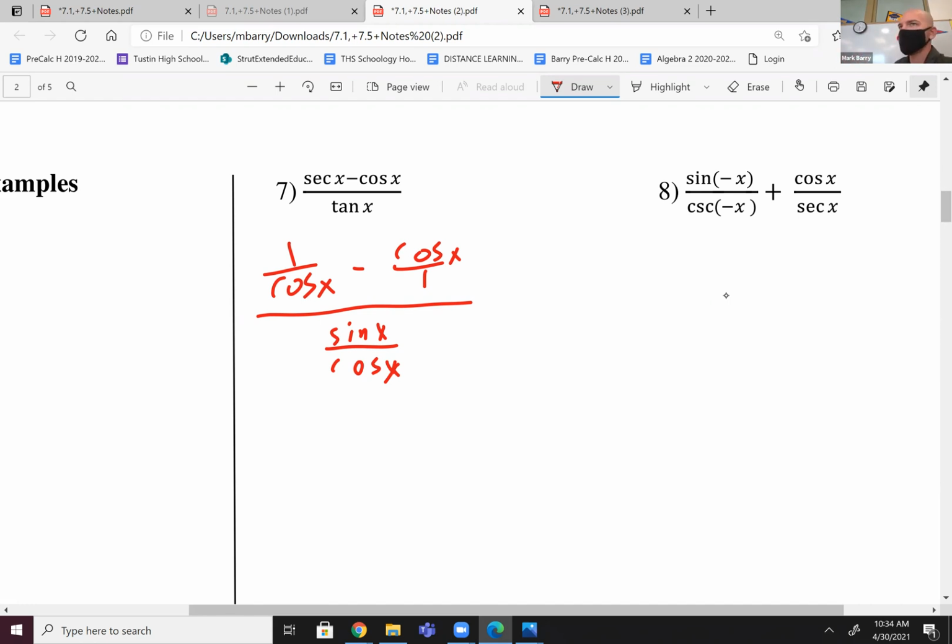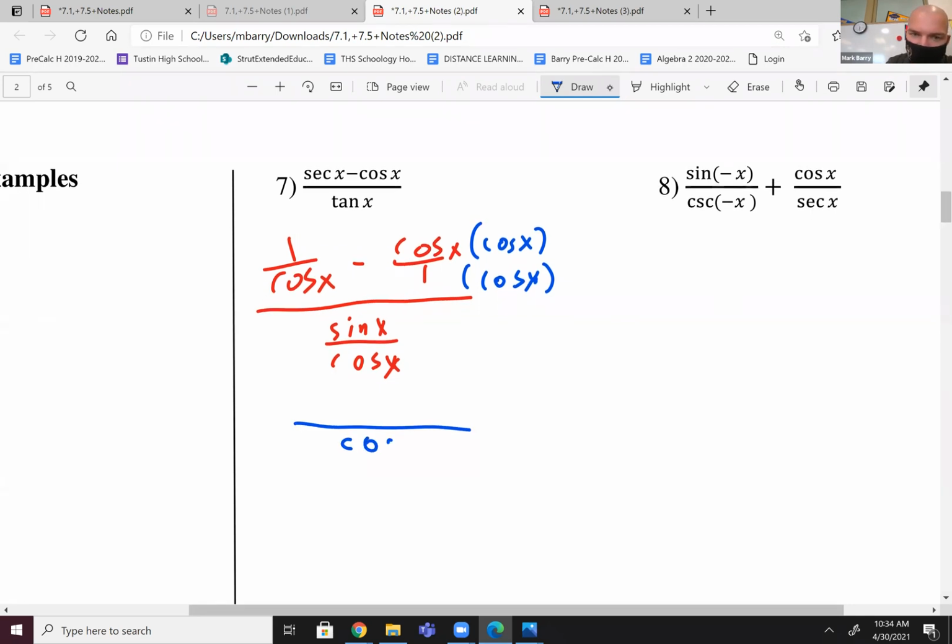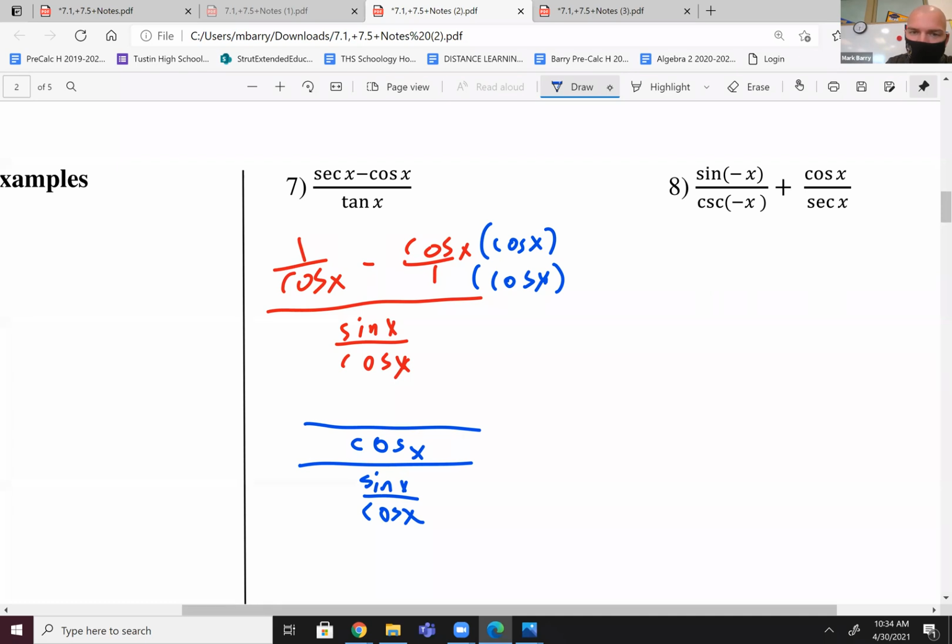Nothing is squared, so I cannot use my Pythagorean identity, but I have some fractions subtracting on top, so I can do a common denominator subtraction up there, right? So I'm gonna go ahead and make my common denominator. I gotta multiply this one by cosine x over cosine x. So then I'm going to have the common denominator of cosine x here. And then in my numerator, I'm going to have 1 minus cosine squared x.